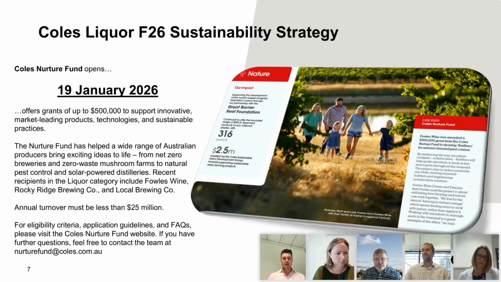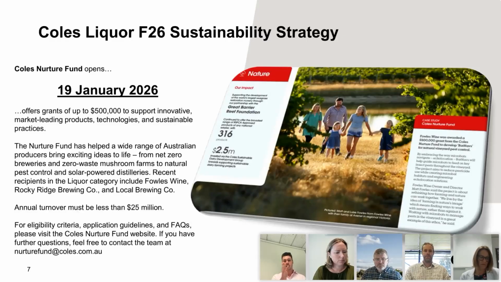Just lastly, each year we open the Coles Nurture Fund to suppliers of Coles, but you don't have to be a supplier of Coles. And that Nurture Fund looks at really driving innovation, growth and sustainability across the food and drink sectors.